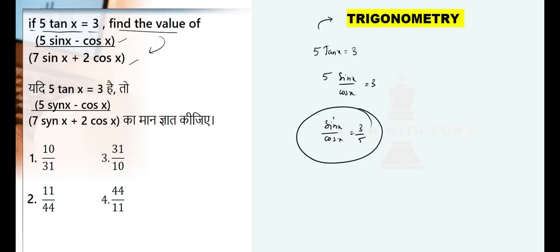So I can directly substitute sin x as 3 and cos x as 5. So see here, 5 sin x is 3 minus cos x 5 divided by 7 sin x is 3 plus 2 cos x is 5. 15 minus 5 is 10 divided by 21 plus 10 is 31. 10 by 31 is our answer, option number 1.